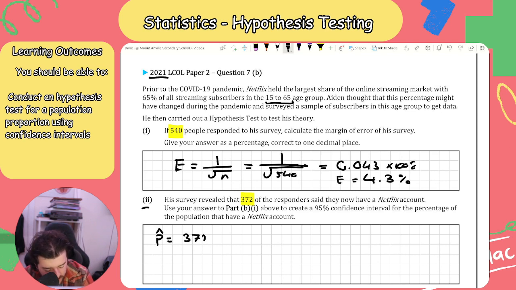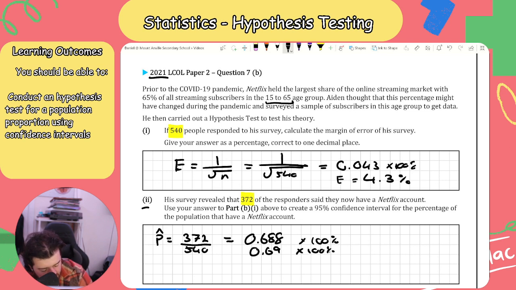So 372 all over 540, which is equal to 0.68888, right? Multiplied by 100. So that's going to be 0.69 multiplied by 100%, roughly equal to 69%. So 69% of my sample have a Netflix account.